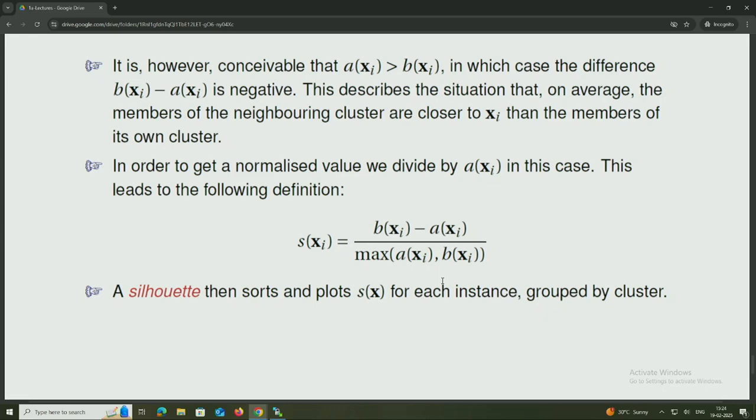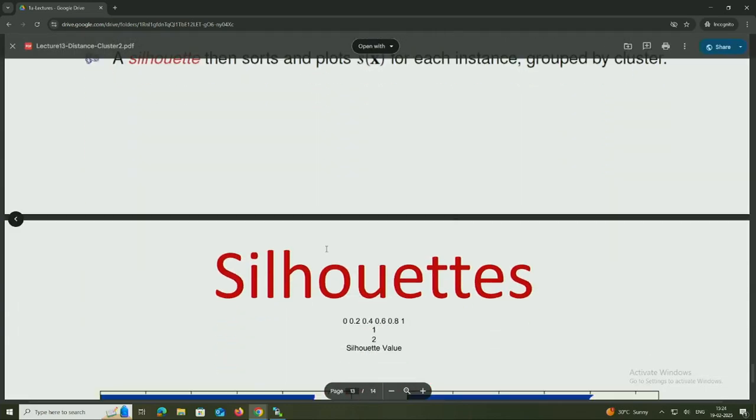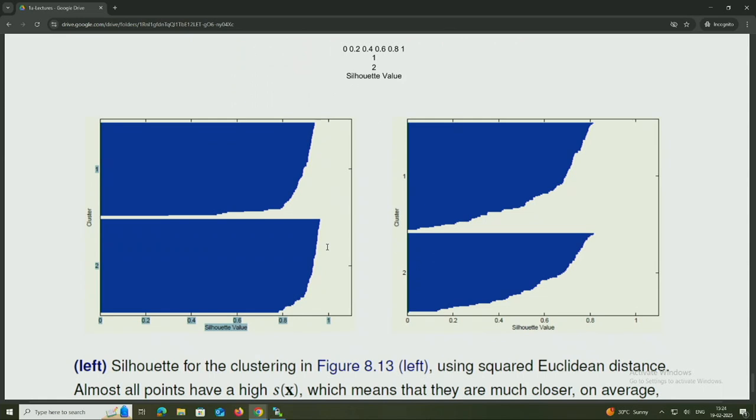Okay, let's first see the answer and then we'll see. So now you look at two figures. What's happening in these figures? These are all the data points in cluster 1 on the axis. These are all the data points in cluster 2.